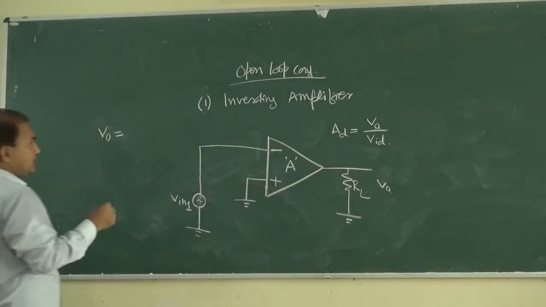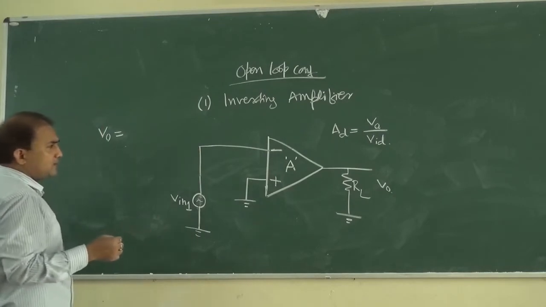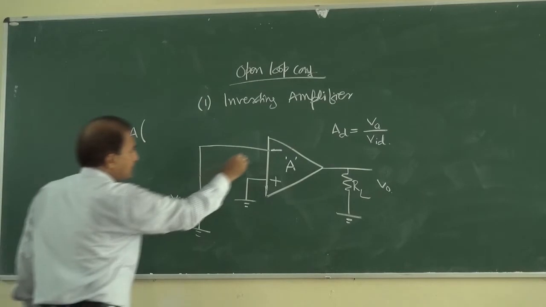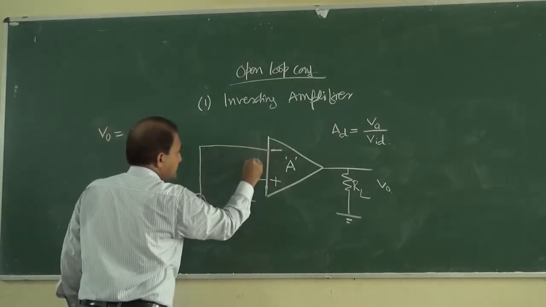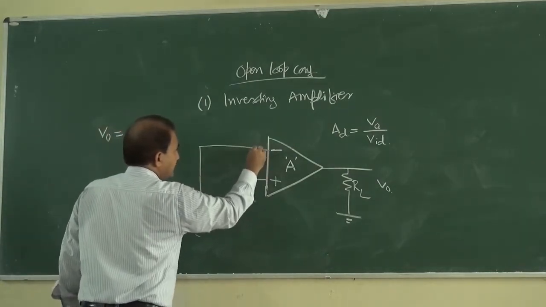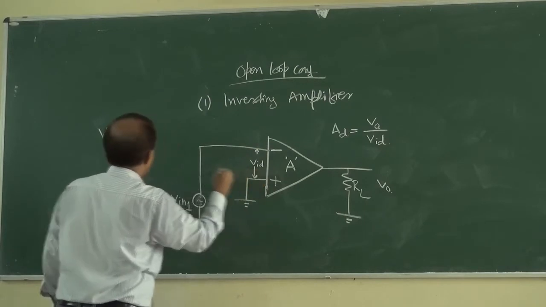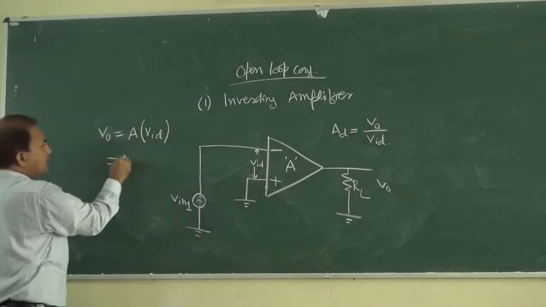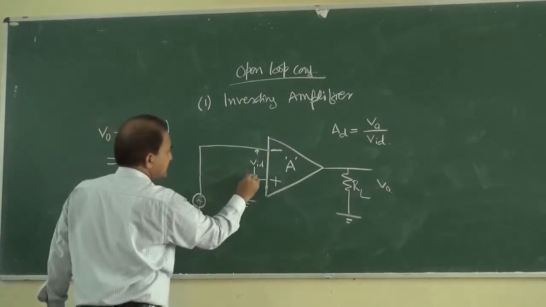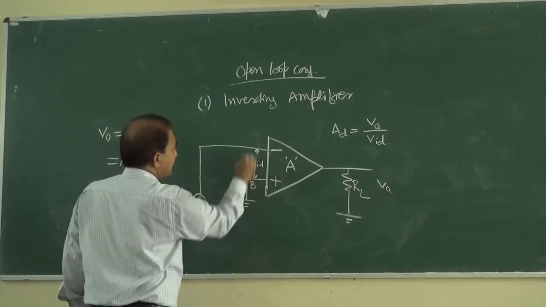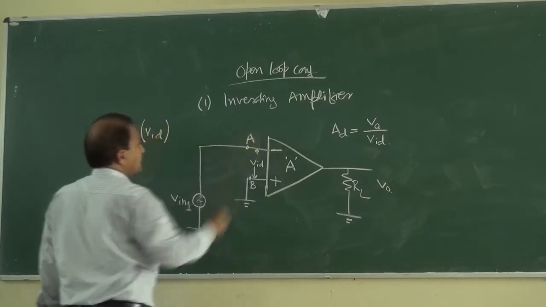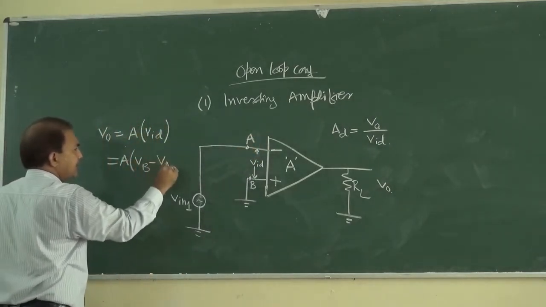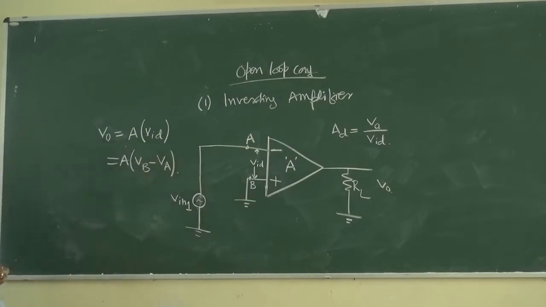V output is equal to A times VID. Suppose this is VID, so it is equal to A into VB minus VA, where this is point B and this is point A.